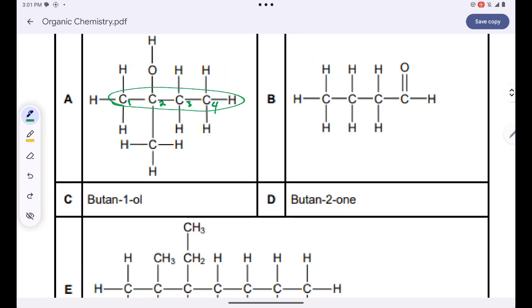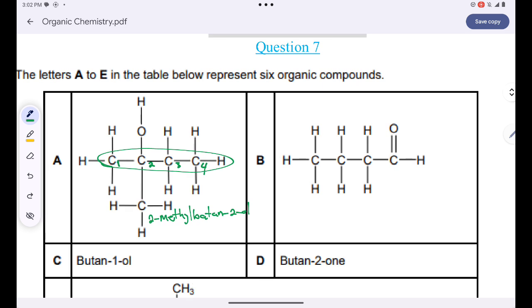Whenever I name this organic compound, I need to start by mentioning the alkyl group. So this will be 2-methylbutan-2-ol. Are we together?